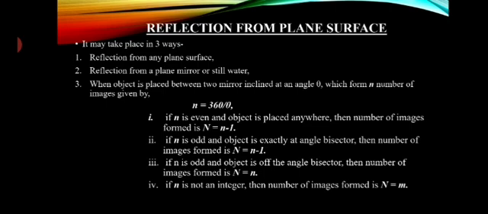If n is 3.56, the number of images formed will be 3, that is, it is rounded off to 3. Or if small n is 4.36, then the number of images obtained will be approximated to 4.